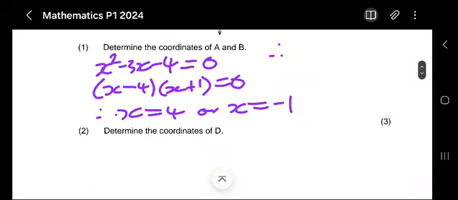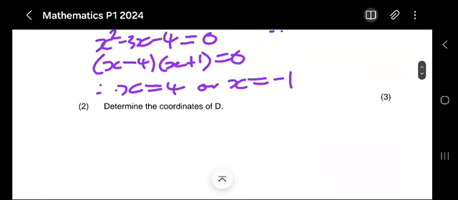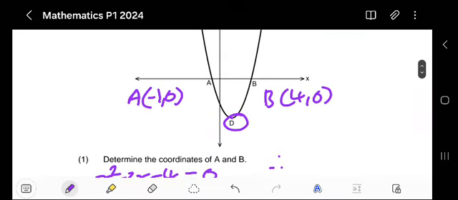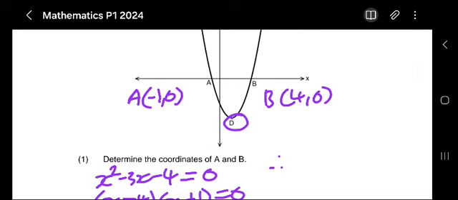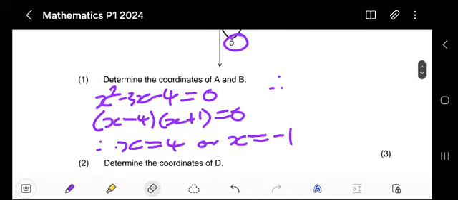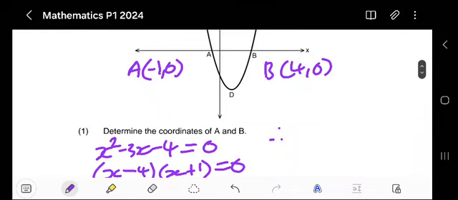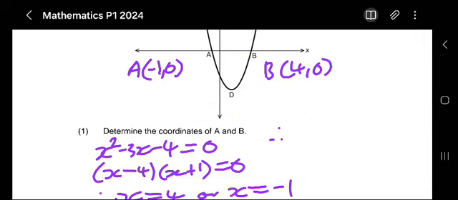Then determine the turning point, or the coordinate of D. This is a turning point, it's a maximum or minimum, where the gradient is zero. So that is our turning point there.